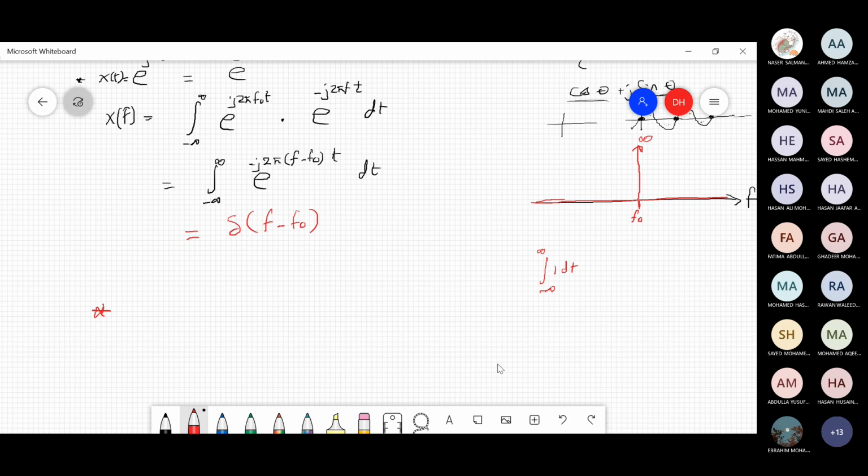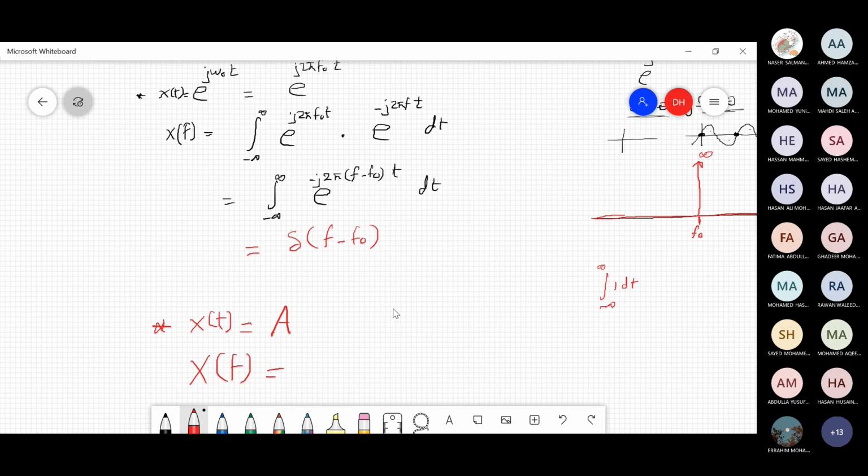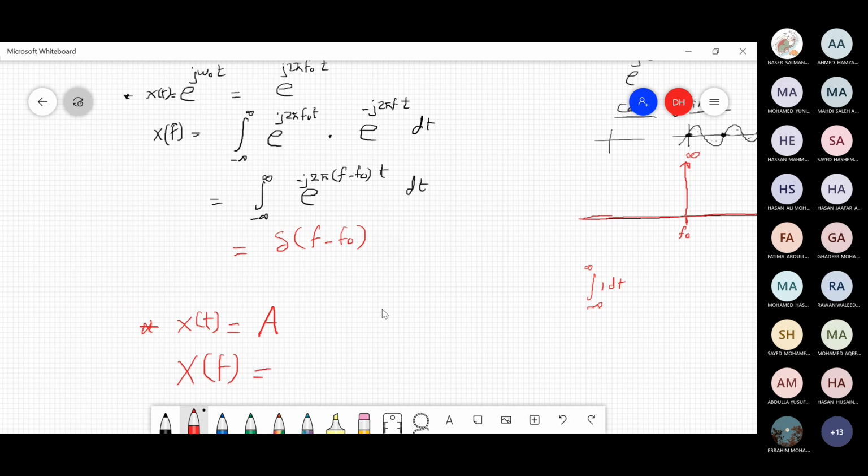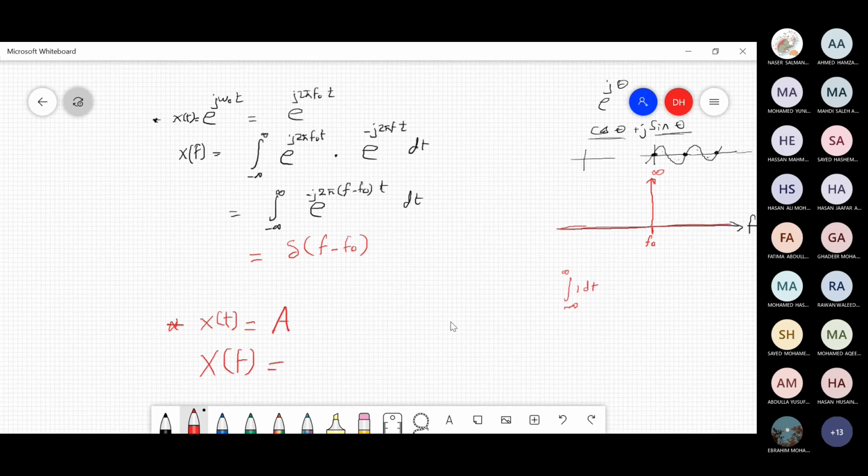Now if x of t is equal to some constant a, then what is X of f? Let's use the result. So a means the same case as this one. I can write this as a constant multiplied by e to the power of j 2 pi f naught t, with f naught equal to 0.